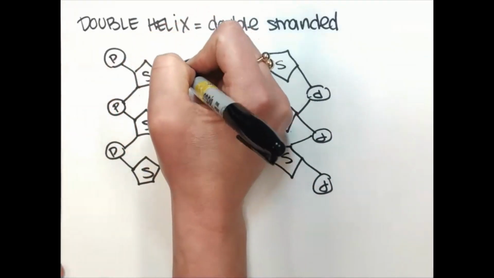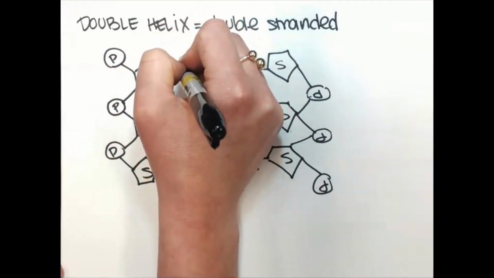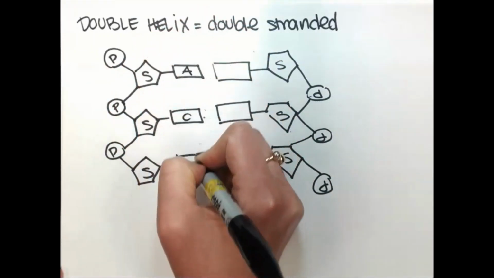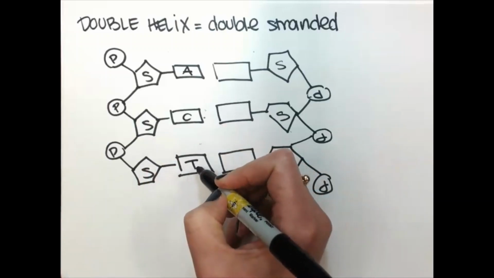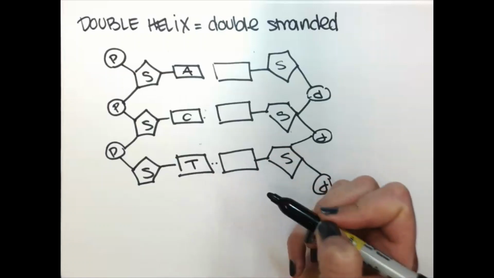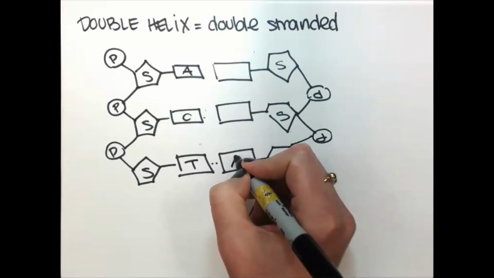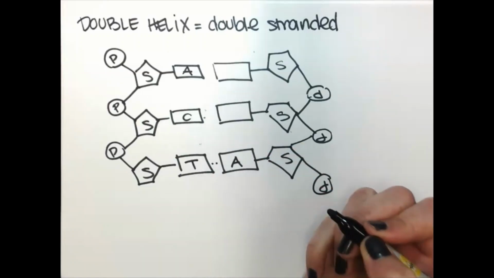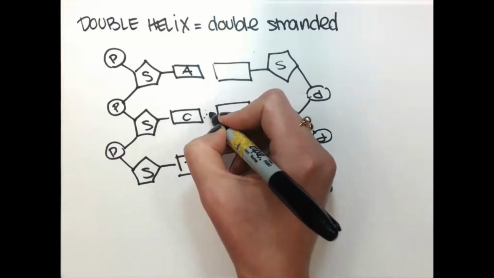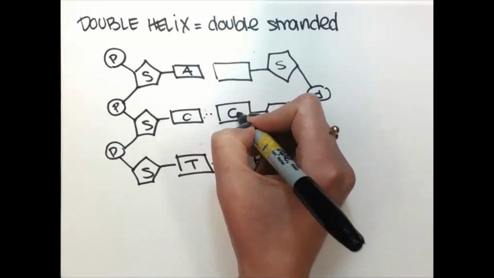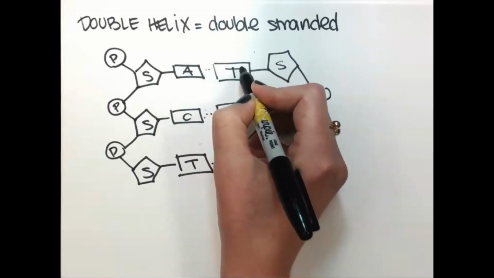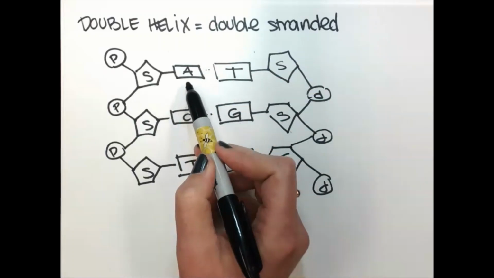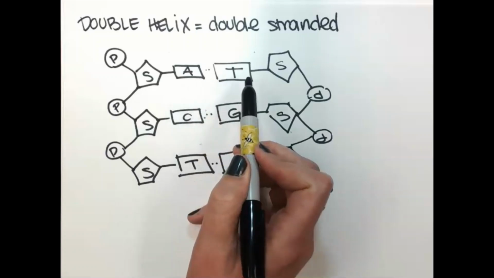Now, let's say this was an A, this is a C, this is a T. This T is going to base pair with an A. And this C is going to base pair with a G. A, T. And these we say complement each other.